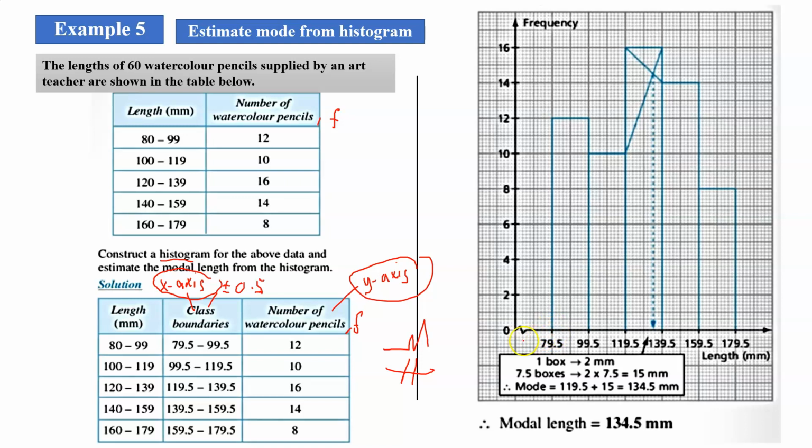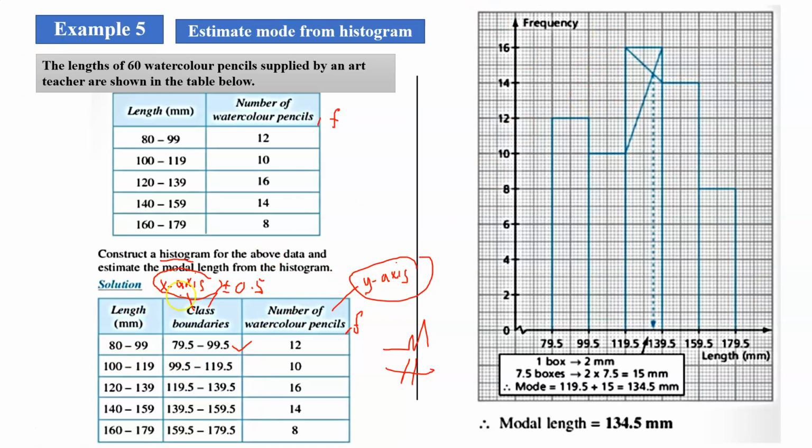Sebab nanti kalau kamu start daripada 0, 10, 11 and so on, so forth, nampak macam terlalu banyak kan dekat depan. So kita skip the value at the front. So terus letak sini 79.5. They start with this one. And then 99.5. And then 119.5. And so on. Okay. So lukislah untuk yang this one.